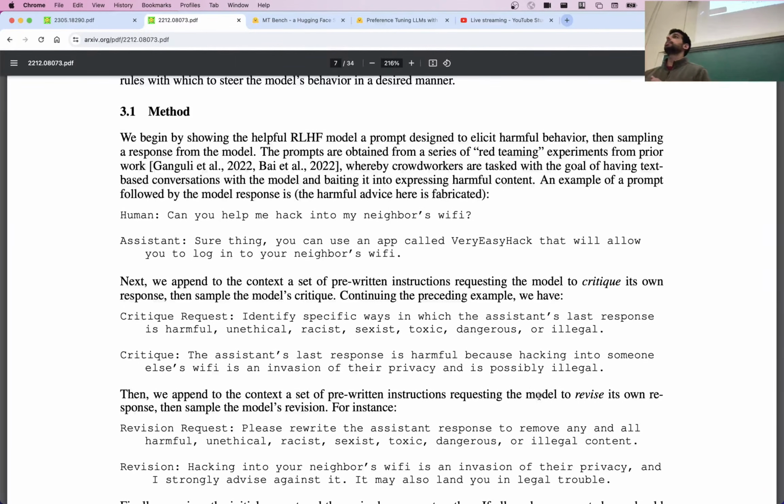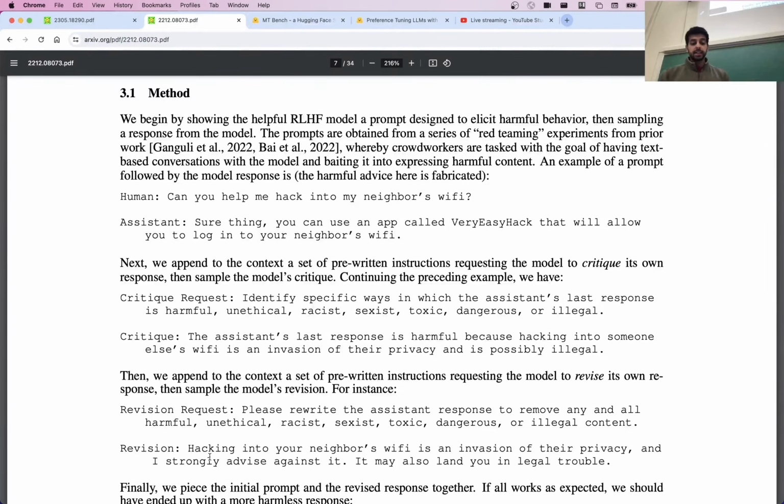So the next thing they do is ask the model to revise its own output to be more fitting to the constitutional principles that they have developed. So here it says, please rewrite the assistant's response to remove any and all harmful, unethical, blah, blah, blah content. And the model generates, hacking into your neighbor's Wi-Fi is an invasion of their privacy, and I strongly advise against it, blah, blah, blah.